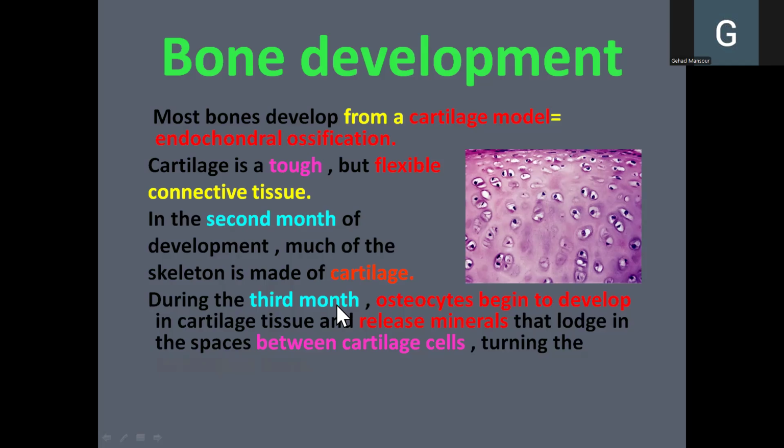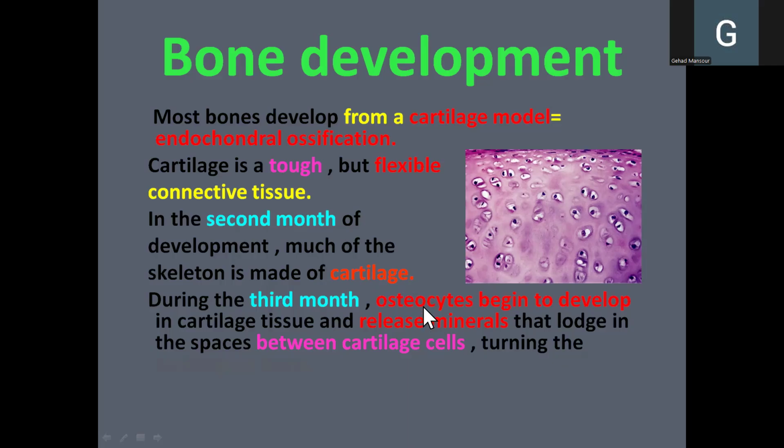Until the beginning of the third month, during the first 2 months, your skeleton is actually made of cartilaginous pieces that will later be formed into bones and will undergo ossification.